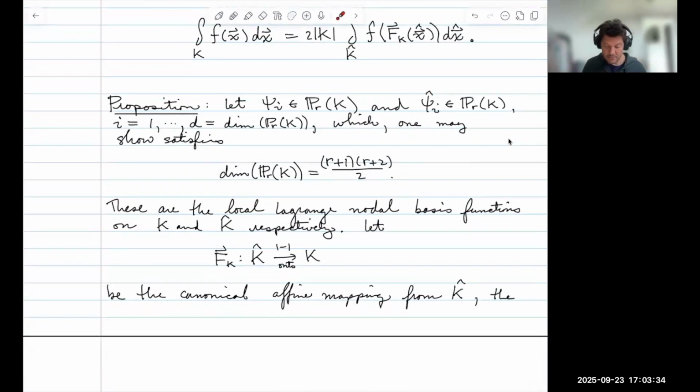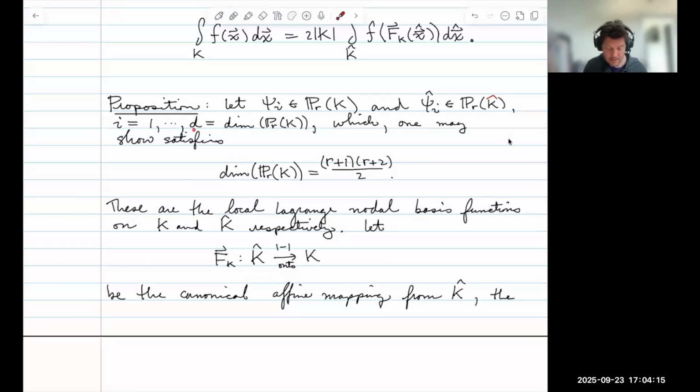Okay, suppose that psi_i, what would this normally be? This would just be the ith local Lagrange nodal basis function on the triangle K. And suppose that psi_i hat is the corresponding one. Here's a typo here, that should be K hat. It is the corresponding local Lagrange nodal basis function on the reference triangle for i equals 1 up to d.